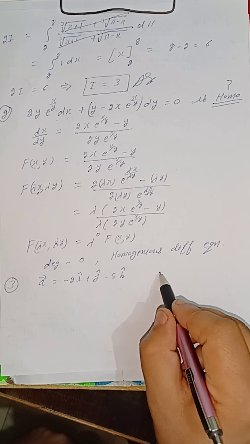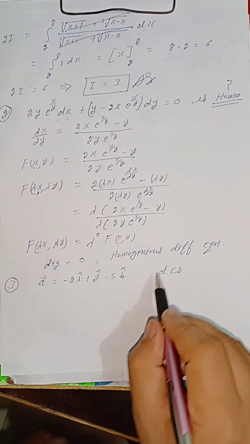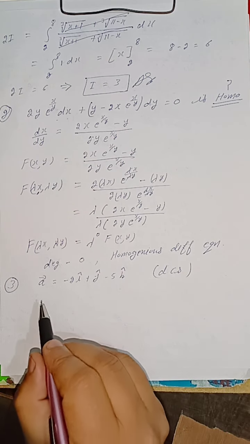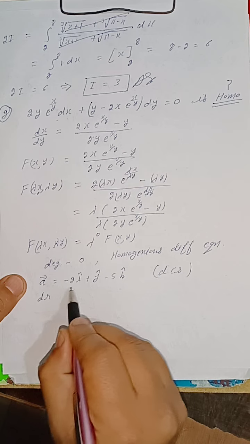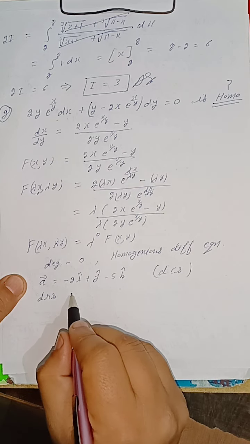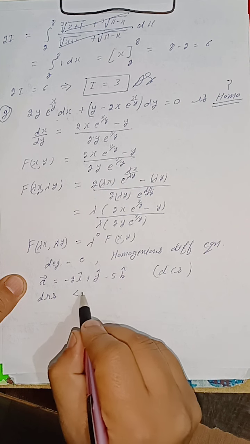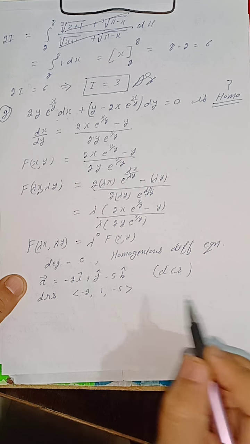We have to find the direction cosines. Direction cosines, we know that the DRs of the given vector are 2, 1 and minus 5.